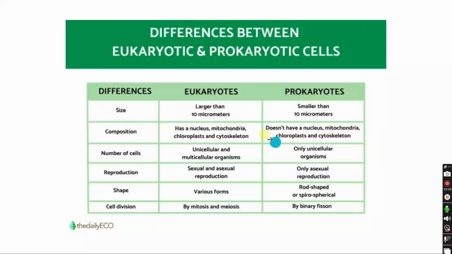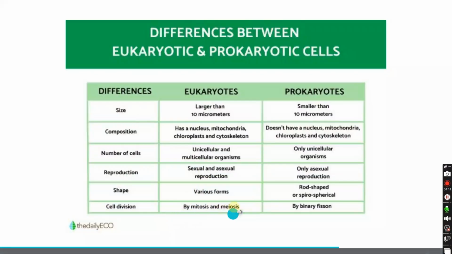But we can be sure that prokaryotes have neither. And lastly, cell division. Prokaryotes split quickly using a process called binary fission, while eukaryotes divide using structured mitosis or meiosis.